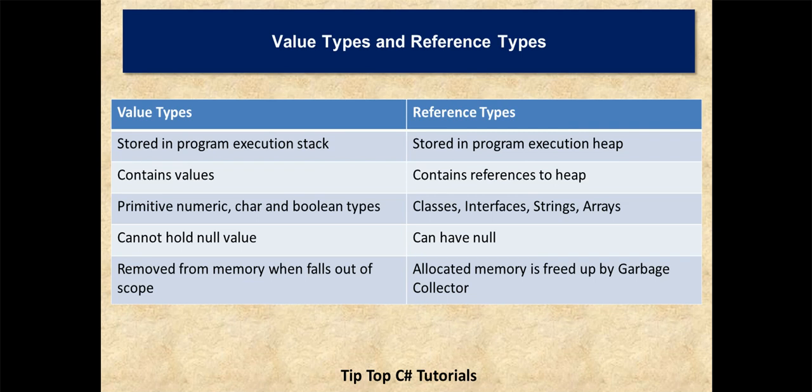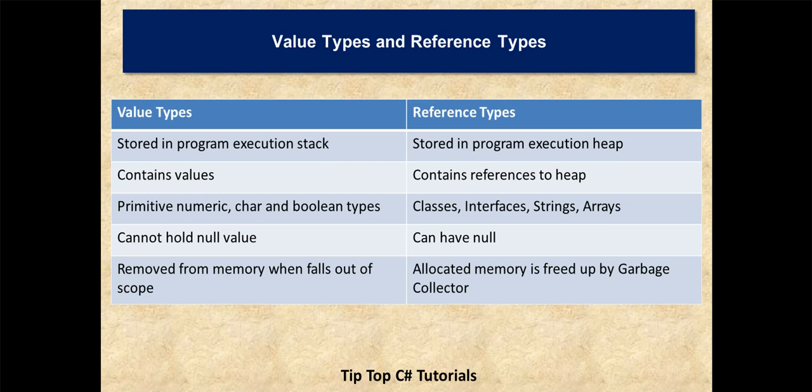And string is a reference type. This is one of the questions that anybody can ask you. String, though it sounds like a primitive type in .NET C Sharp, is a reference type. And obviously arrays, which could be an integer array or any data type array, are also reference types.